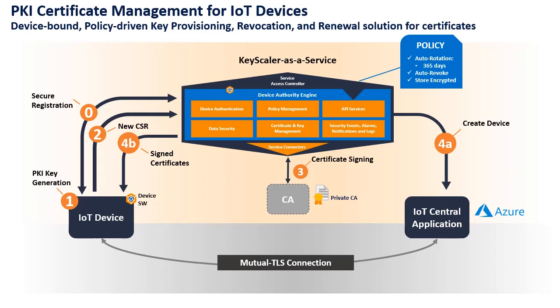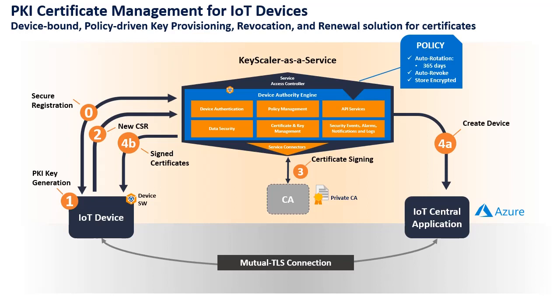So step zero is the secure registration process, and that's really that initial device attestation and handshake between the device and KeyScaler to make sure that the device is authorized to be connected to the system. Following that process, KeyScaler will actually tell the device that there's a policy in place for it and it needs to submit a certificate signing request.